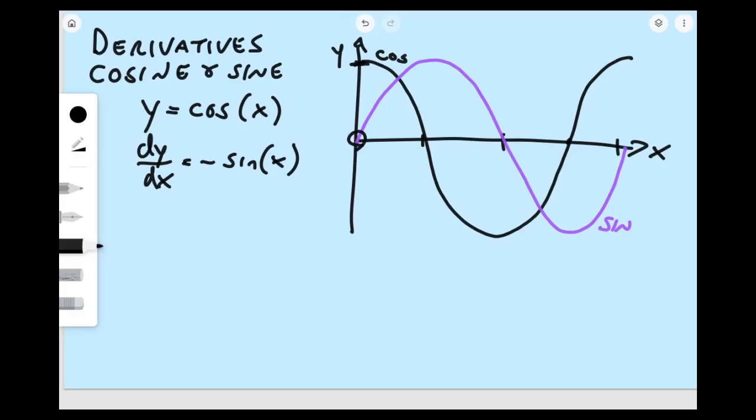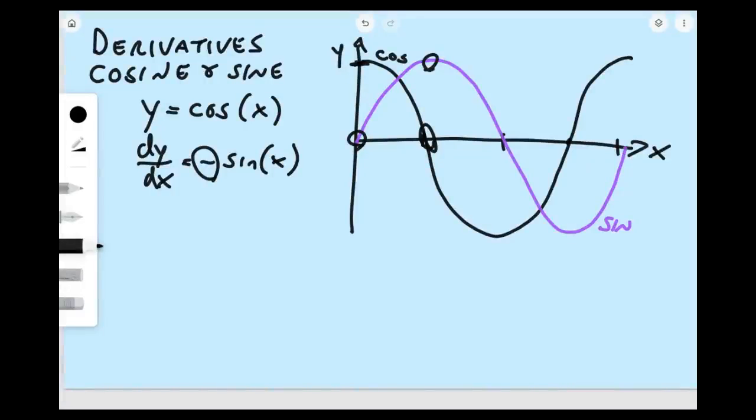And at that same point, the sine curve is 0. And then when we get to this location here on the cosine curve, that's when the cosine curve slope is at a maximum, but it's negative. It's sloping downward. The sine at that same location is at its maximum value, but it's positive. That's why we've got the negative sign here.